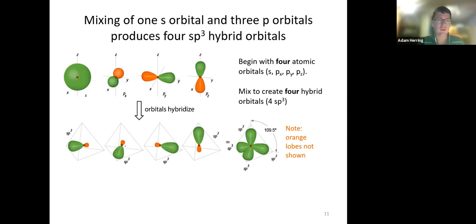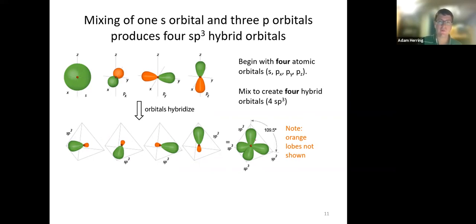When that occurs, what we see is that the resulting orbitals end up taking the shape of the tetrahedron that we saw tetrahedral molecules like methane take. We're not going to go into the reason for that, but essentially it has to do with the mathematics of combining the wave functions, of adding together those different wave functions.